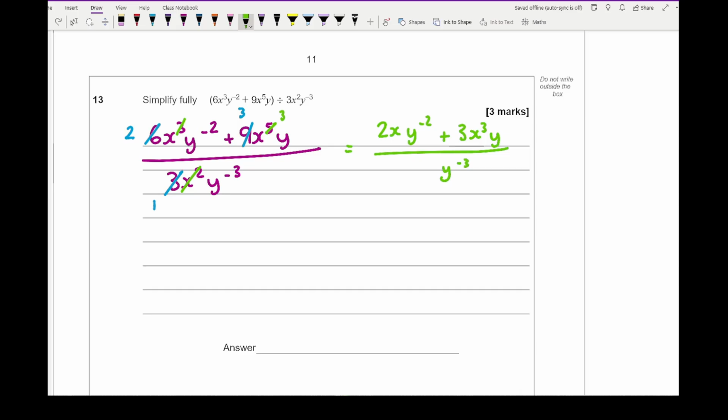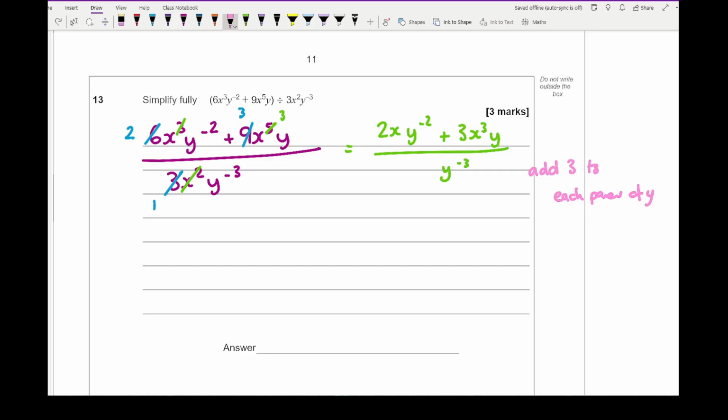Now here what we want to do is take out the lowest value of y. So if I look at this, what we can then do is simply add 3 to each of the powers of y.